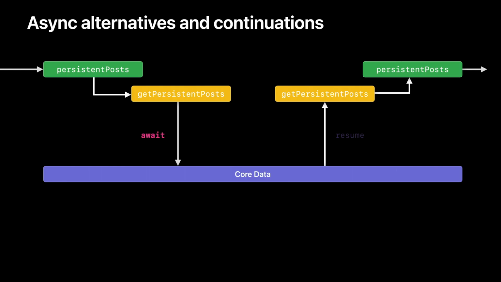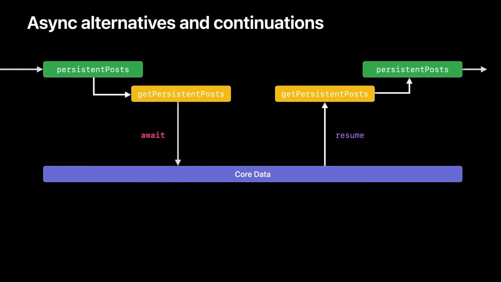This pattern comes up all the time, and it has a name, a continuation. Throughout this session, Nate and I have already showed you lots of examples of continuations, methods that take completion blocks. The caller of the method awaits the result of the function call and provides a closure to specify what to do next. When the function call completes, it calls the completion handler to resume whatever the caller wanted to do with the result.